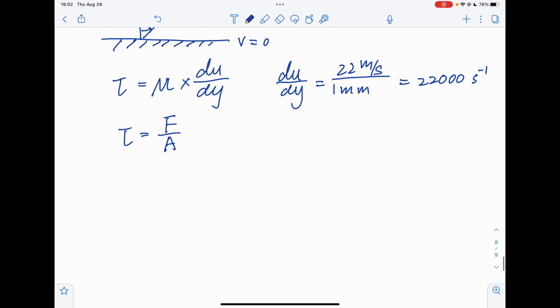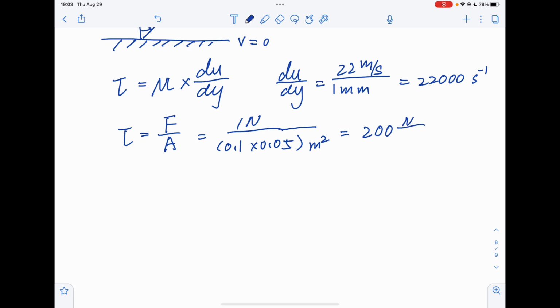So that's our A. Our F is 1 Newton. Our A is 0.1 times 0.05 meters squared. And this will give us our tau of 200 Newton per square meter.